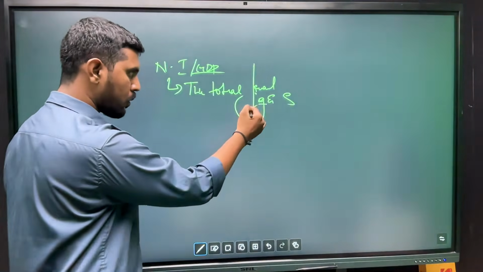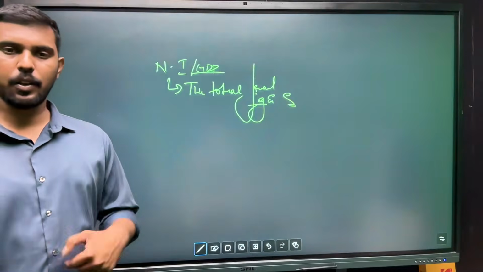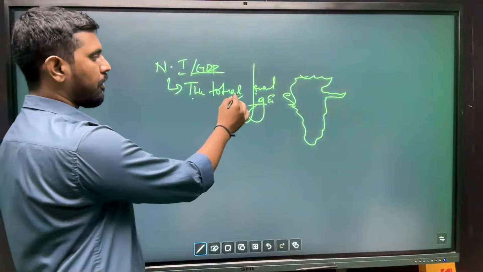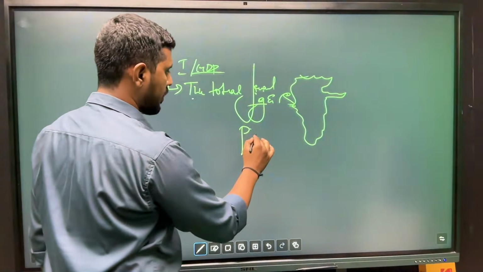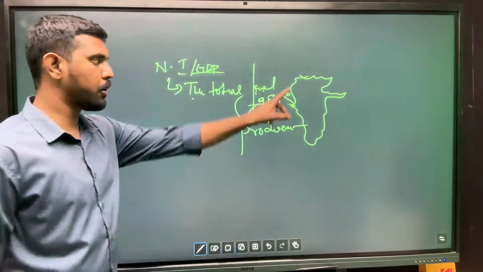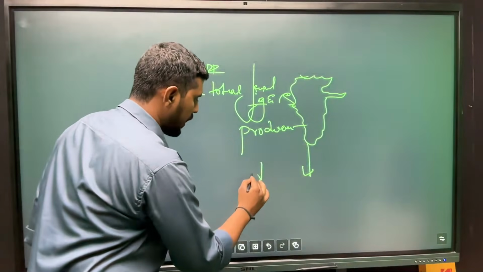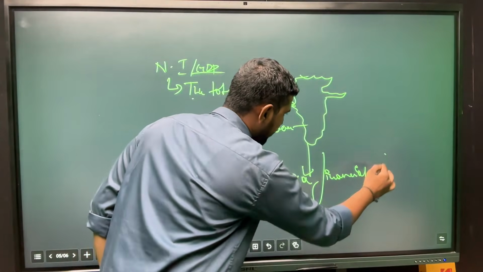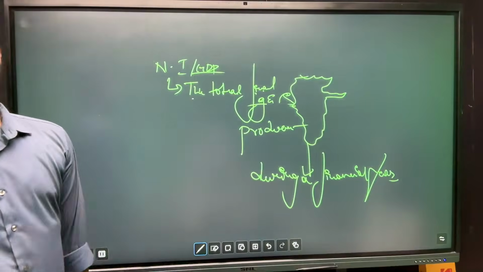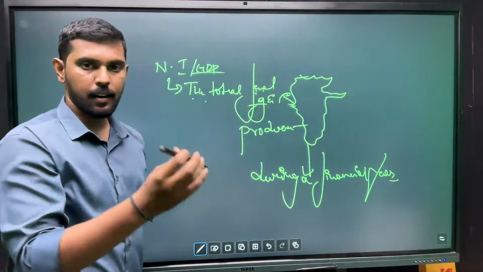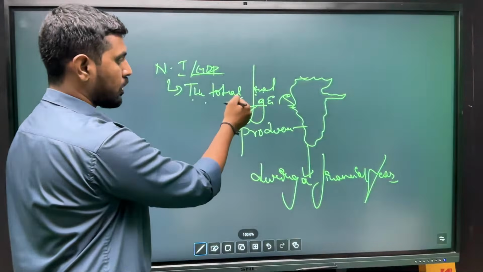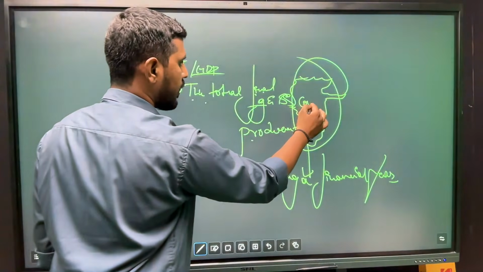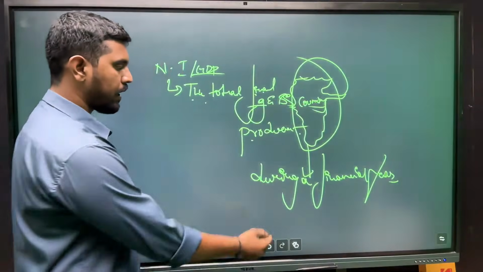Where are they produced? In our country. The total final goods and services produced in a country during a financial year.